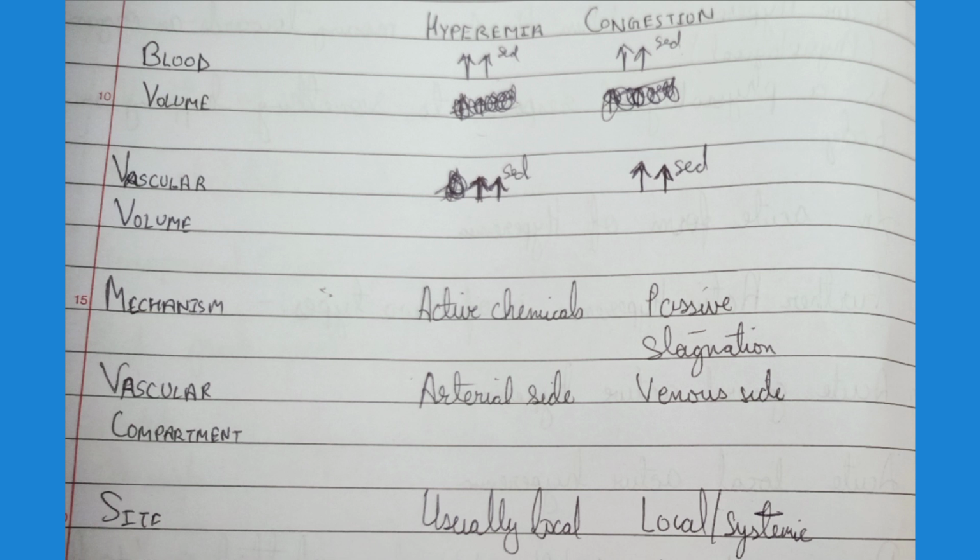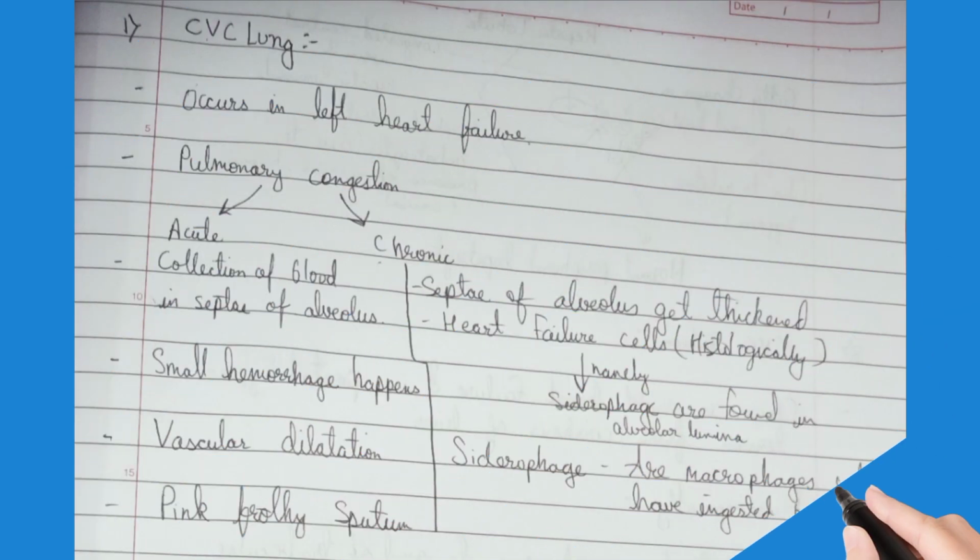Now let's see chronic venous congestion, lungs. It occurs in left heart failure and it's also known as pulmonary congestion. Pulmonary congestion is again of two types, acute and chronic. In acute, you will see collection of blood in the septa of alveoli. Small hemorrhages happen there, there is vascular dilation and you will see patients with pink frothy sputum because of the small hemorrhages.